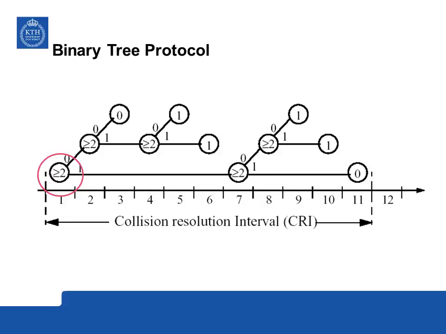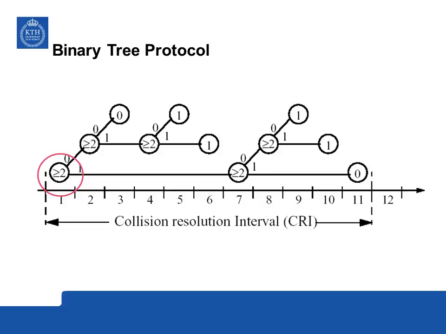What we do in this binary tree is that the involved stations flip an imaginary coin: with some probability p they flip a 0, and with probability 1 minus p they flip a 1.